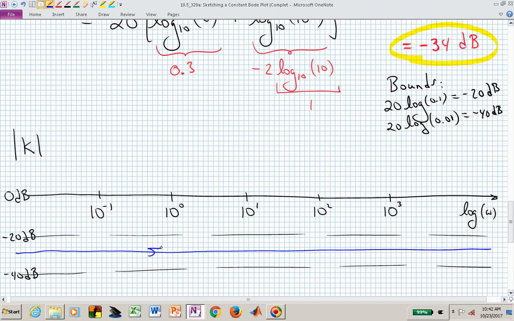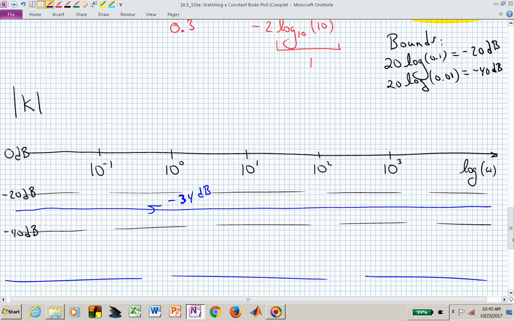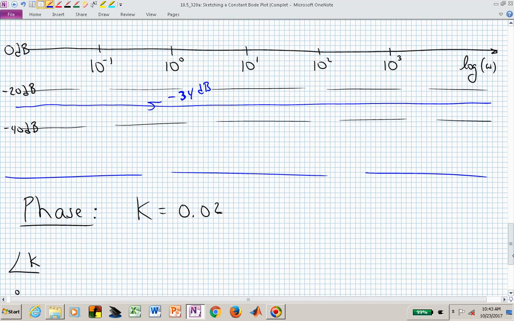This is now our minus 34 dB, and that's now the magnitude of our constant in dB for all frequencies. That particular constant produces that contribution to our Bode plot for this particular transfer function. And that wasn't very hard.